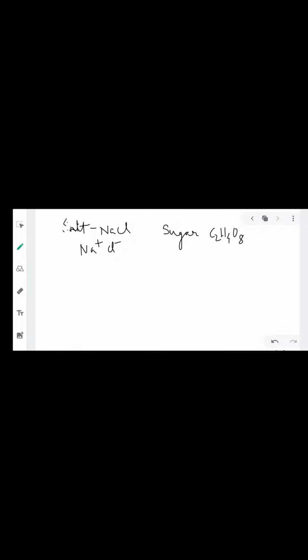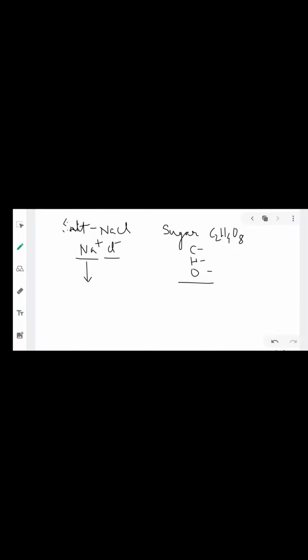Here we have carbon, hydrogen and oxygen. So what happens here? Salt is an ionic compound. Here we have sodium ion, Na plus, which is a metal, and Cl minus, which is a non-metal. Sugar is a covalent compound as it is made up of non-metals.